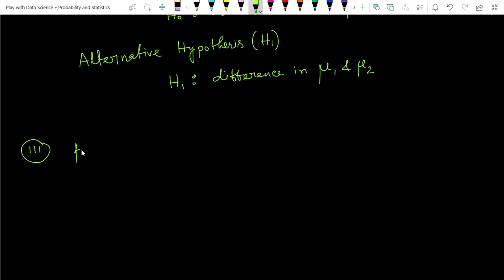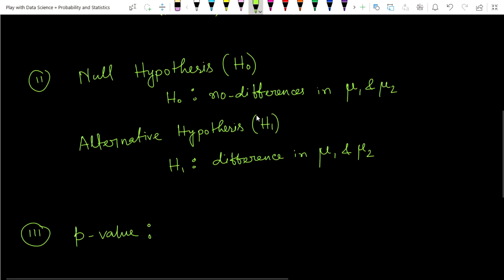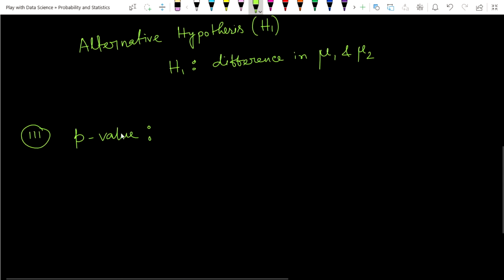In the next video, we will see how to calculate the p value using these two hypotheses and with the help of this mean.